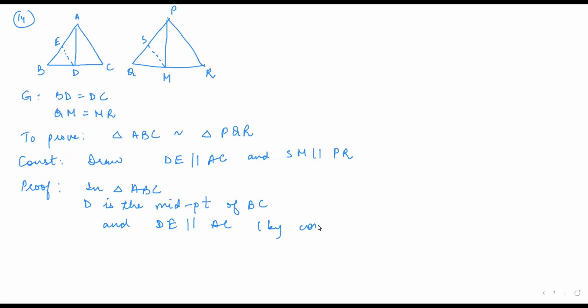We have drawn it parallel. So if I use the converse of the midpoint theorem here, that means E is also the midpoint of AB. So therefore E is the midpoint of side AB. We can write converse of midpoint theorem.